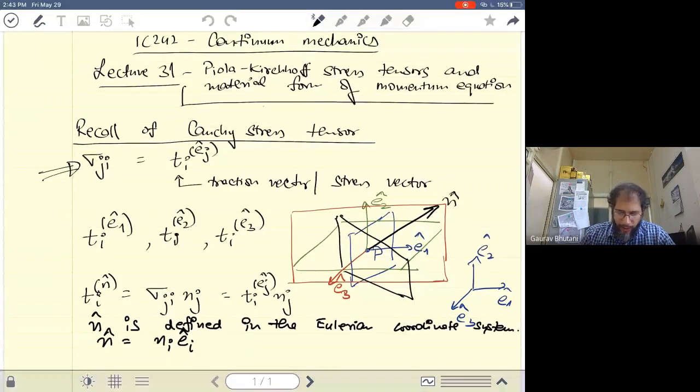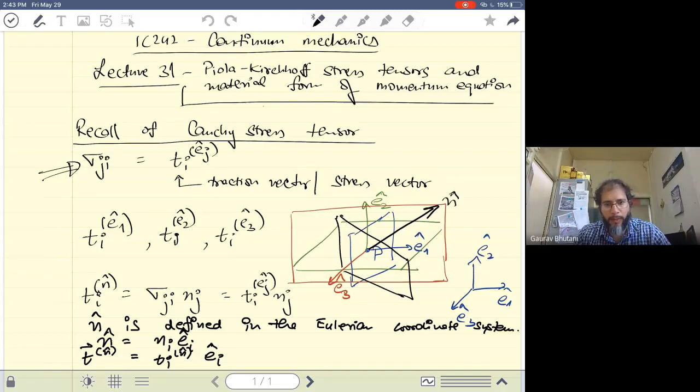Similarly, our traction vector is also written as a linear combination of the components of the traction vector in the Eulerian unit axis. For any vector, we have to define the basis. So the components are defined in such a way that the basis is E1, E2, and E3. That's the basis we have here.